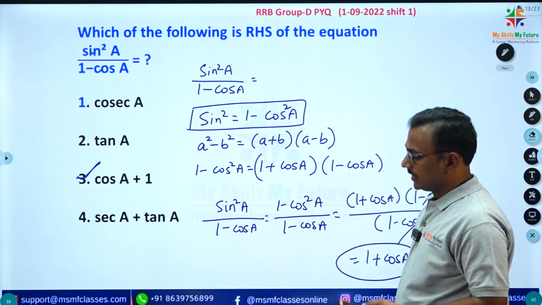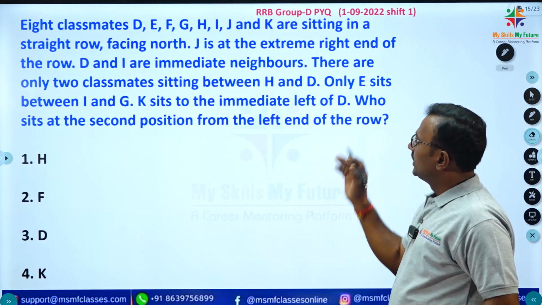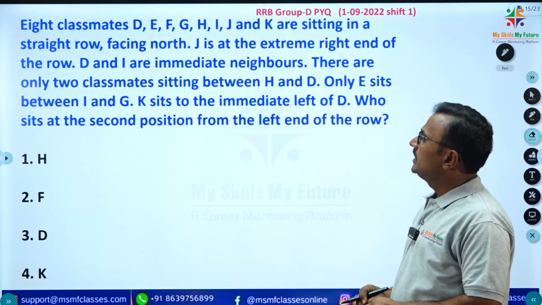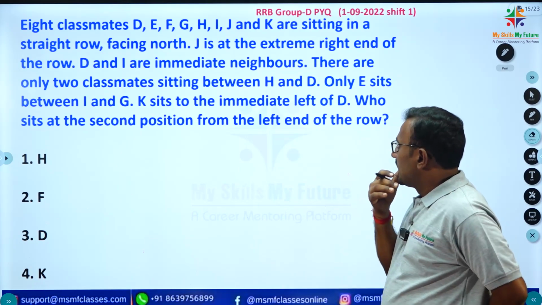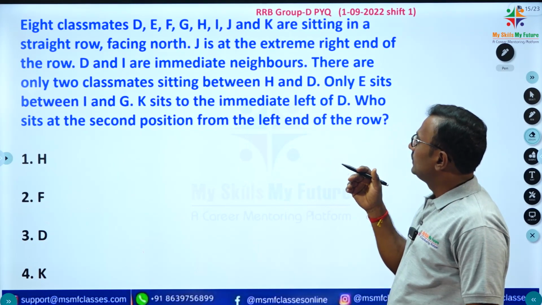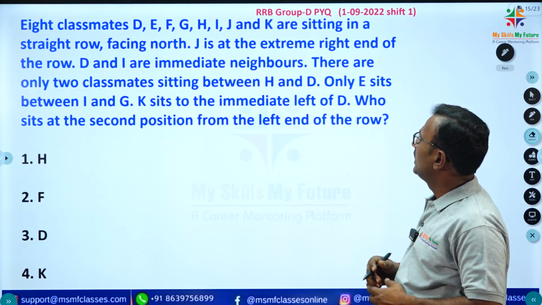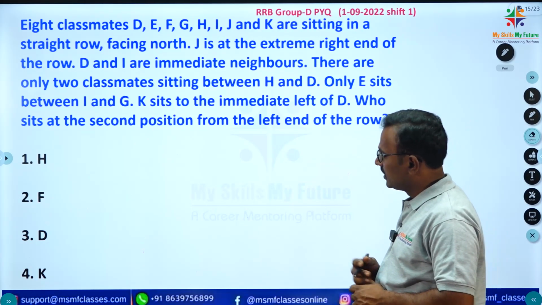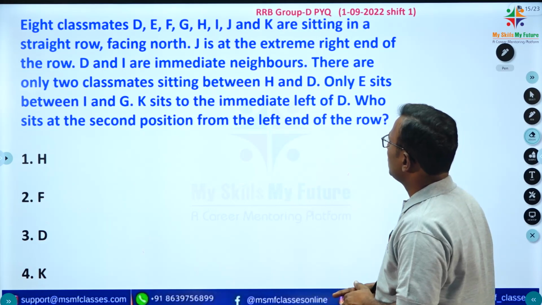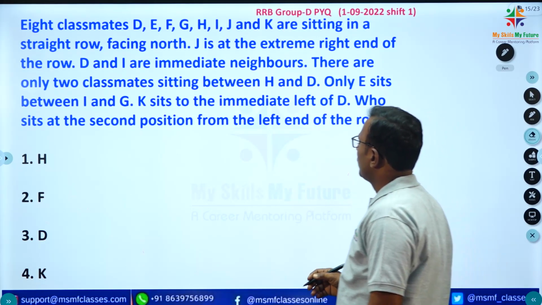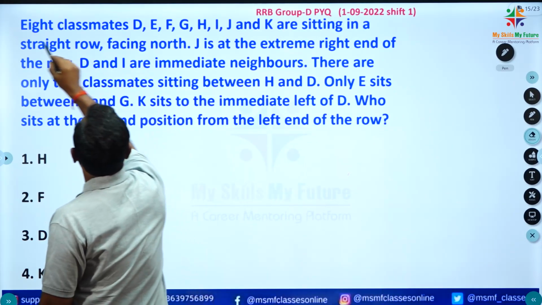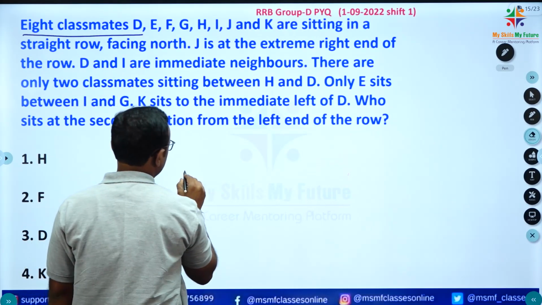Okay, right. Next question. See the question here. Eight classmates D, E, F, G, H, I, J and K are sitting in a row facing north.